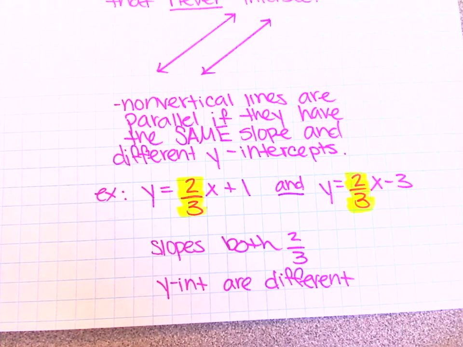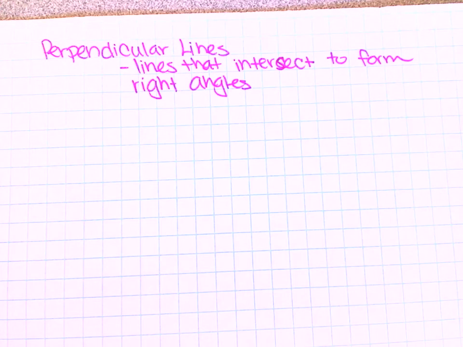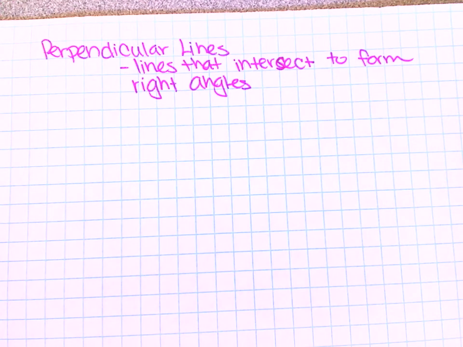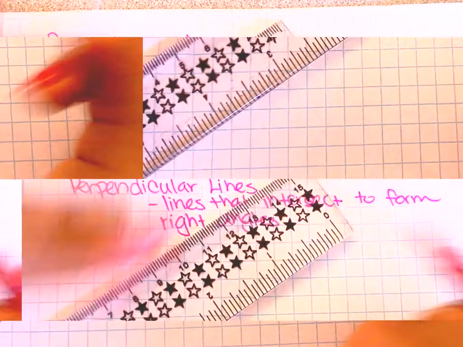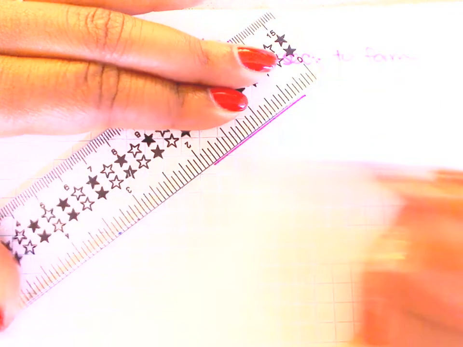Okay, here we go. The next word is perpendicular lines. These are lines that intersect to form right angles.